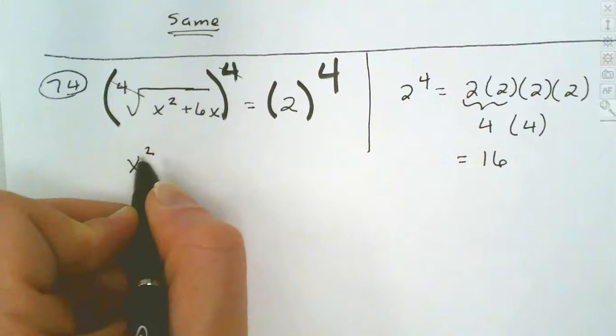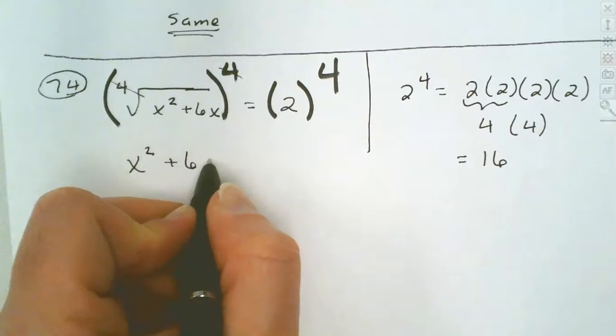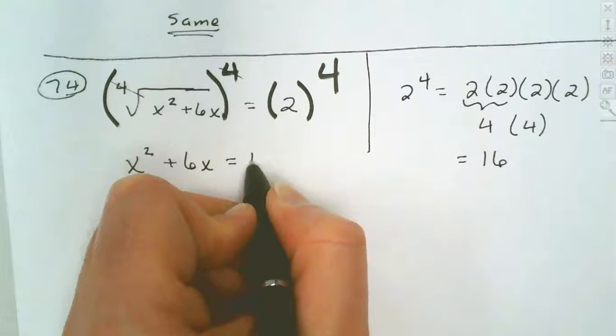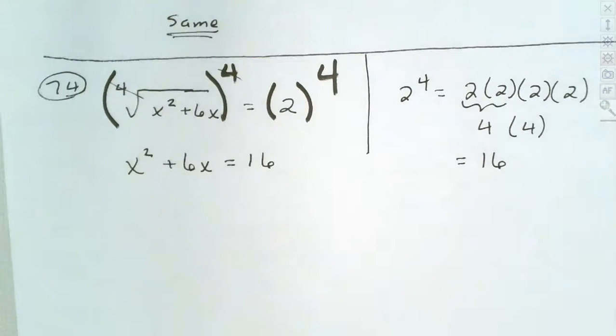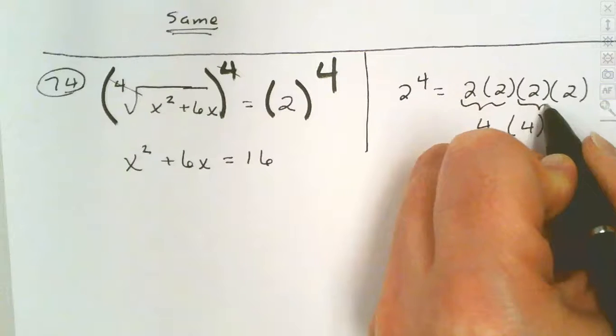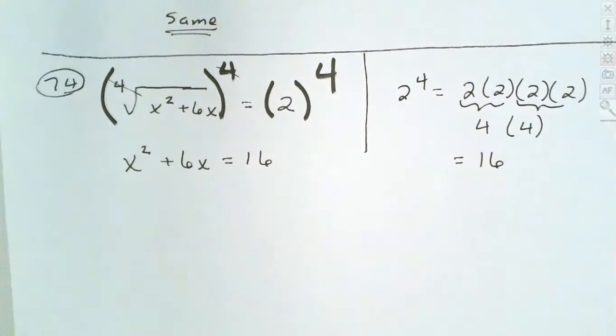So we now have x squared plus 6x, and that equals 16. Do we see what we did? We have to take it to the fourth power, and whenever you take a number to that fourth power, you can either use your calculator or you can just write it out and multiply. Either way, that should come out to be 16.